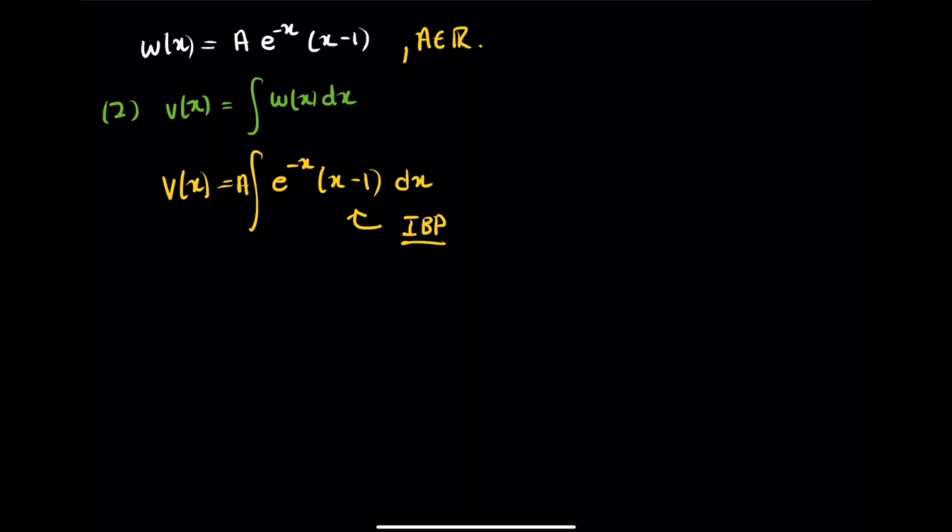So if we take the integral of e to the minus x, x minus 1 dx, remember that IBP looks like this, where v du is equal to uv minus u dv. So we can say that we have a u and we have a dv.